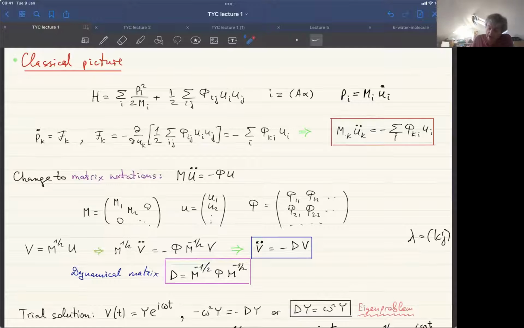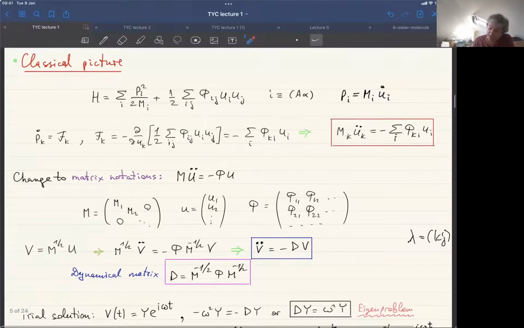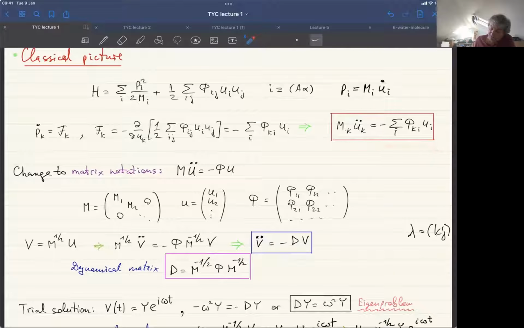So in our equation, now we replace P with that, and we obtain an equation of motion for all degrees of freedom. So this is a second order differential equation for the degree of freedom k, but in that sum on the right hand side we have also all other degrees of freedom.